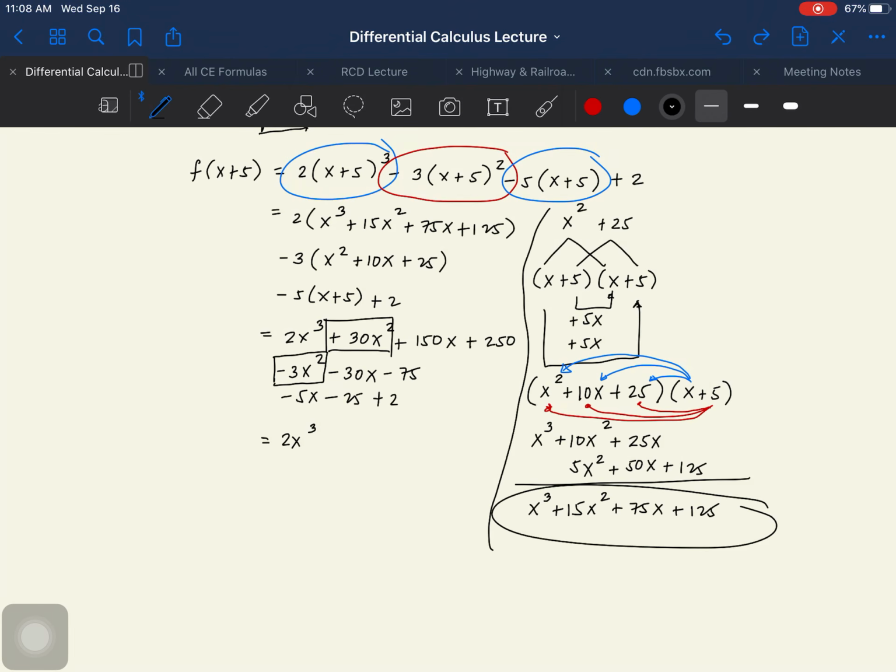This becomes subtraction. So 30x squared minus 3x squared is positive 27x squared. You always follow the sign of the larger number. Okay? So what's next?